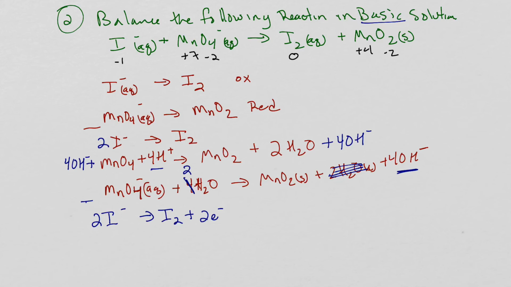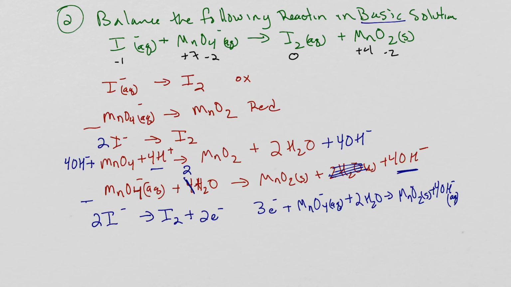So we're going to end up with 3 electrons plus permanganate plus 2 waters goes to MnO2 solid plus 4 OH minus aqueous. And notice we have a -4 on both sides.